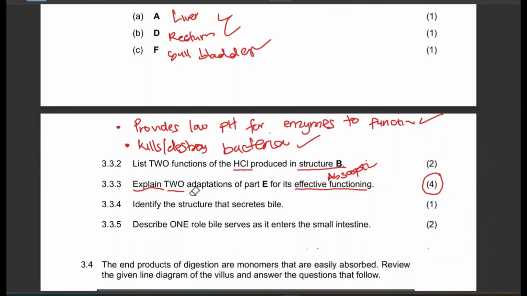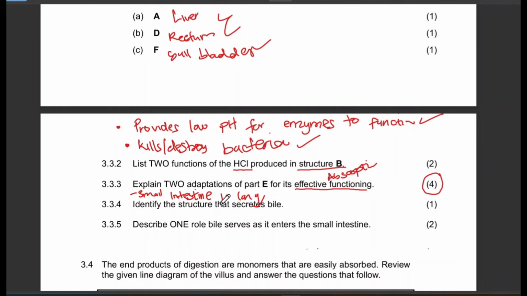The first point, we can speak about the small intestine. I'm trying to decide if I should write the word small intestine first or not. Okay, the first one, small intestine is long. Okay, that's not the end of it, guys. You need to tell us the significance of it being long. So it's long to increase the surface area for absorption of nutrients.